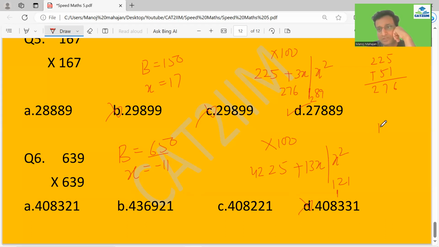So now we have to just multiply 13 into 11 with the negative sign. So 13 into 11 you can apply with the trick also. I've talked about it in the speed maths 3 as well. So 13 into 11, let me do it over here again. Insert a 0, insert a 0. So 3 plus 0 is 3, 1 plus 3 is 4, 0 plus 1 is 1. So 143.